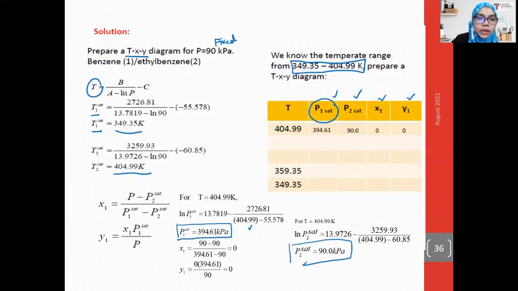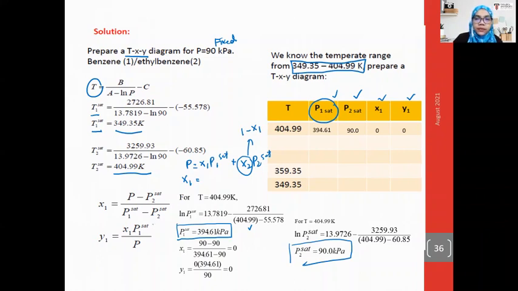So to determine the S1, you just rearrange. Okay, we have P equal to S1 P1 saturation plus S2 P2 saturation. So you may rearrange for S1: you get P minus P2 saturation over P1 saturation minus P2 saturation, because we know that S2 equal to 1 minus S1.